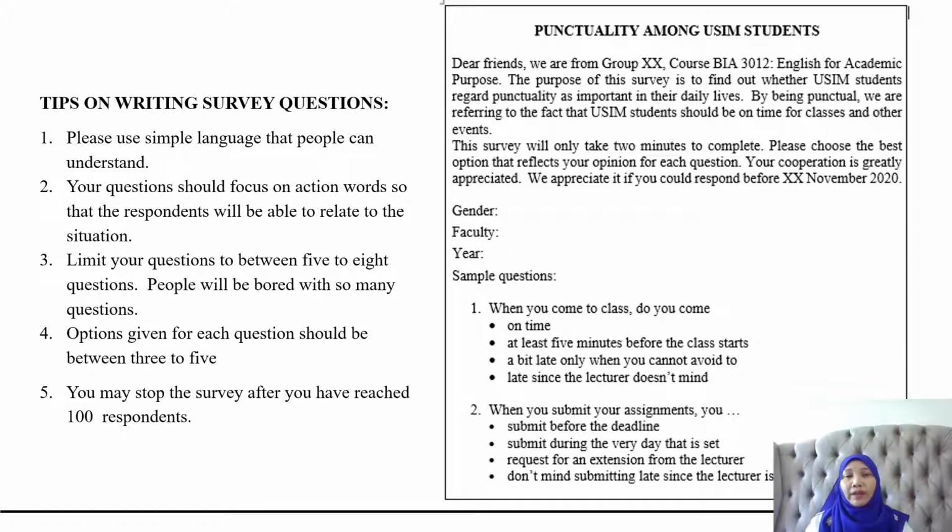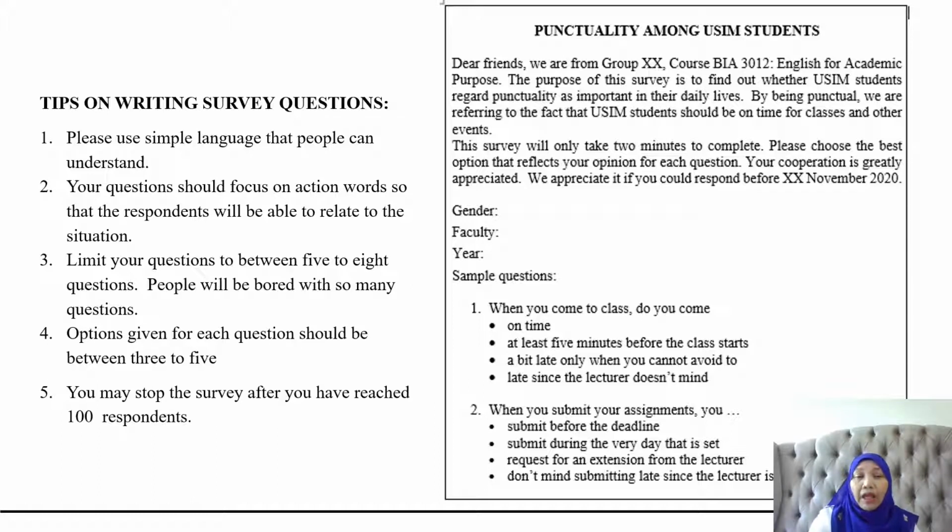If you give question number 1, which research question does it answer? You must be able to identify that. Question number 1 will answer research question number 1, because this is one of the factors. One factor that students come late to class is because of their attitude.